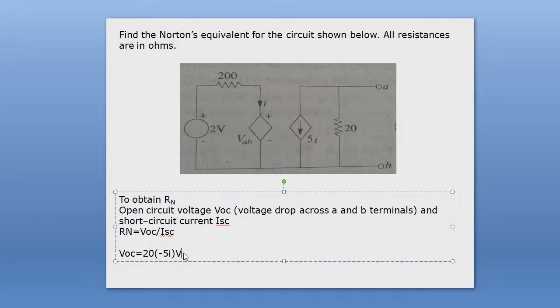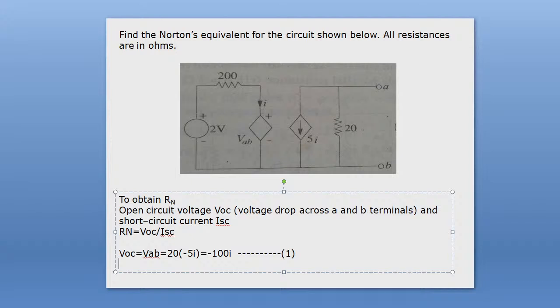So we can write 20 into minus 5I volt, which is minus 100I, and VOC is nothing but equal to VAB. So you just write this as equation 1.